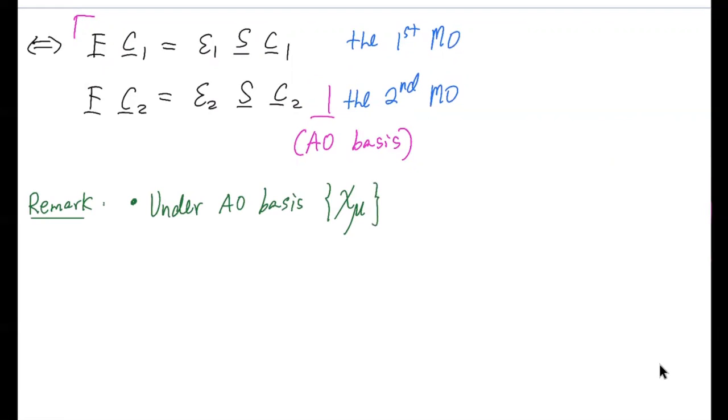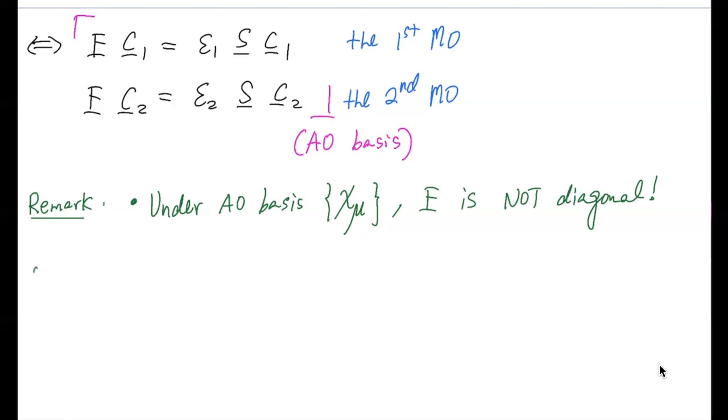Mu is the index for the atomic orbital basis. F is not diagonal. Right, that's for sure, right? This is the Roothaan equation. We're trying to solve for the orbital energies. The Fock matrix is not diagonal under the AO basis.